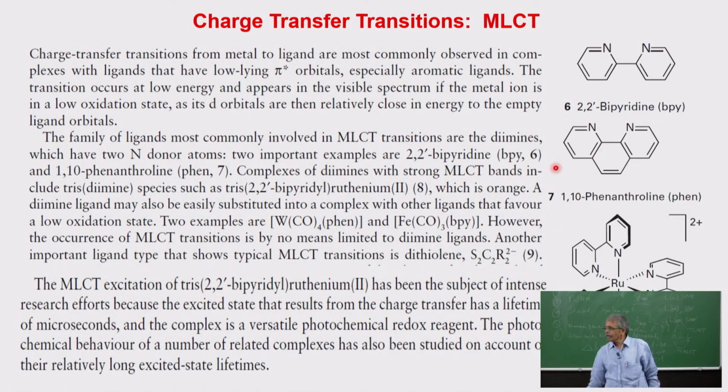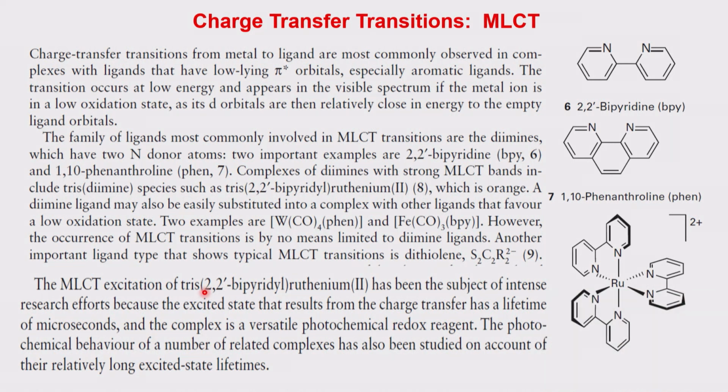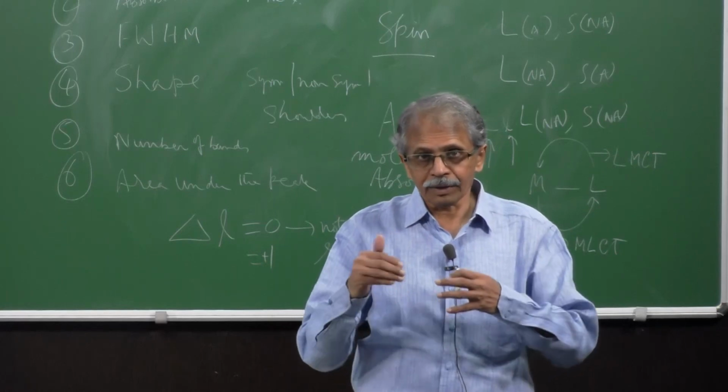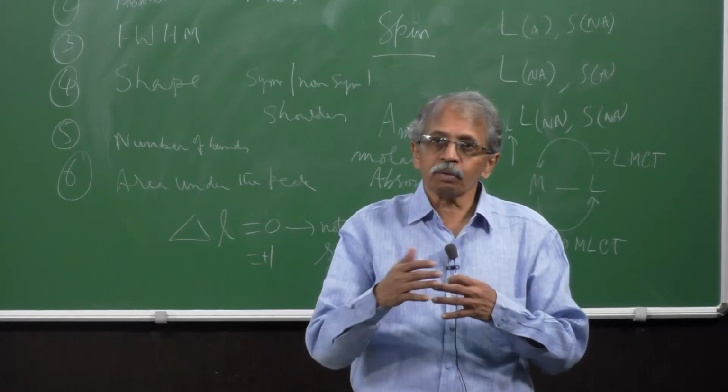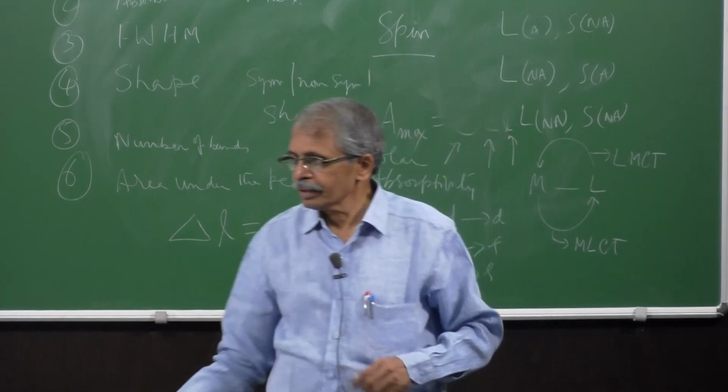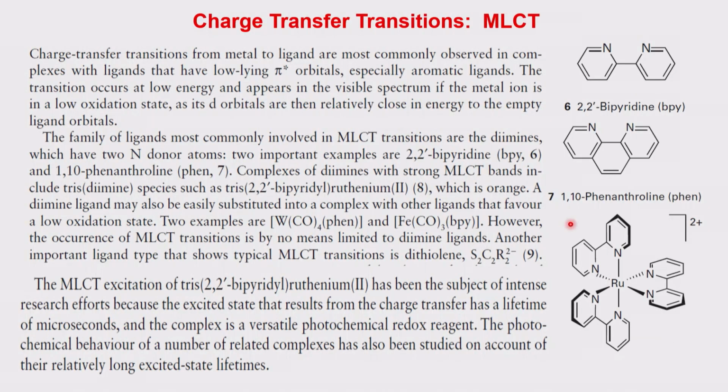Not only these, cyanato, thiocarbamato and many other ligands are there, but the metal should be in a somewhat lower oxidation state, preferably as low as possible. It could be 0, it could even be negative; you know that negative oxidation states also exist.